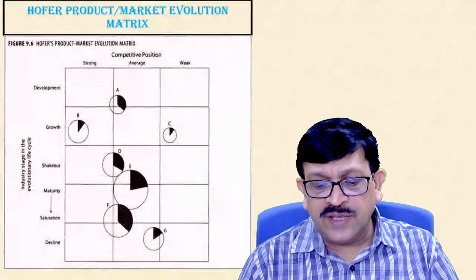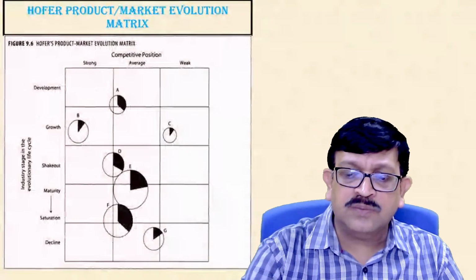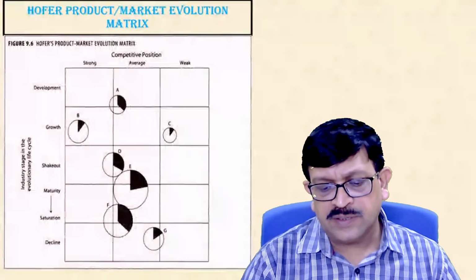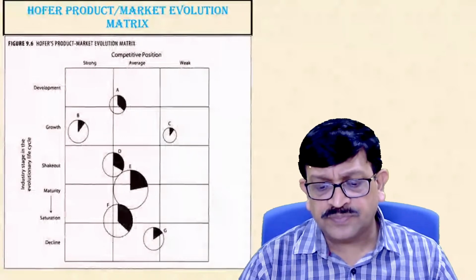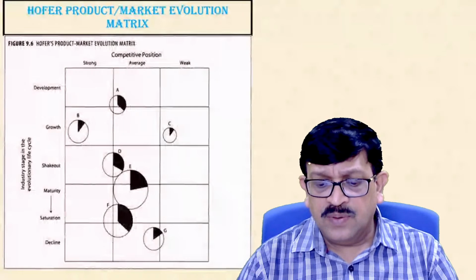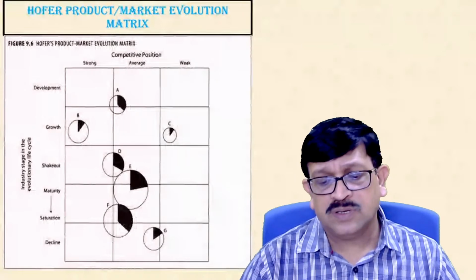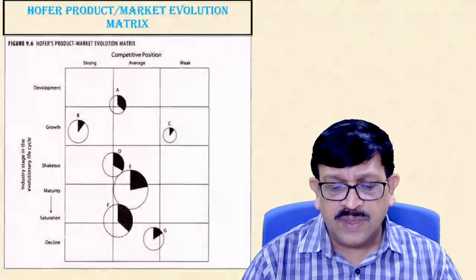Now there are certain variables that one has to look into in the Hofer matrix that we are talking about, which actually makes this particular matrix a little bit more robust.